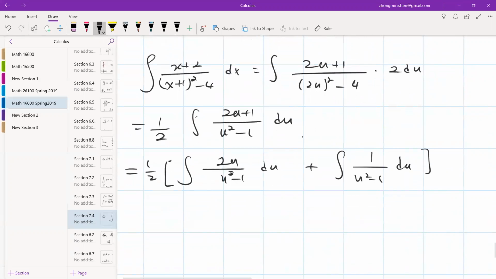So you let w to be u squared minus 1, so dw equals 2u du, okay? So you will get the integral 2u du is actually dw, just w, okay? Another one, I have to put a negative sign there, right?